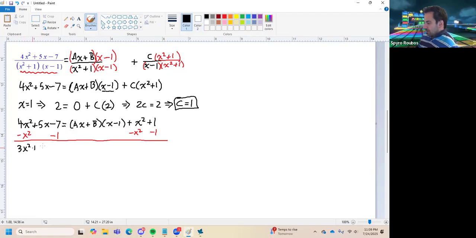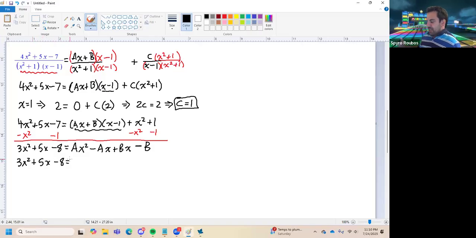So we have that. And then I want to FOIL this out. So we have ax squared minus ax plus bx minus b. And we're basically going to do that same thing that we did with the undetermined coefficients.